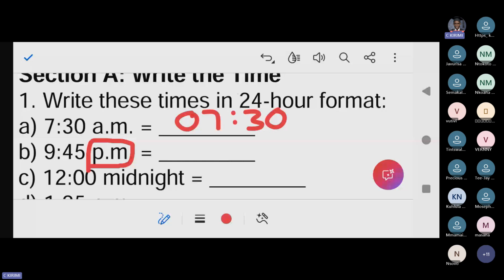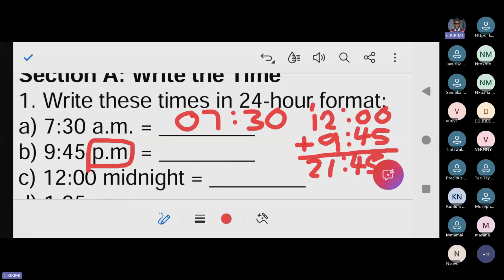So if it is past noon, we add 12 hours to get the time in 24-hour notation. 9 plus 12 is 21, so it's 21:45, which is the time in 24-hour notation.